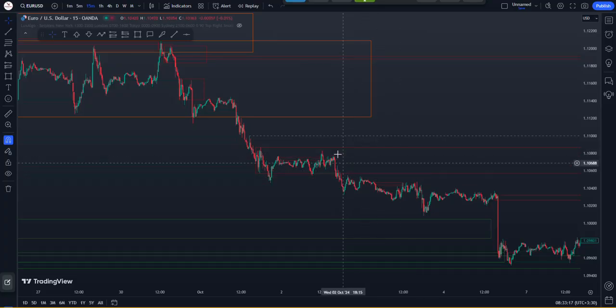So after price goes down from here, this low is broken back to here, this good area.